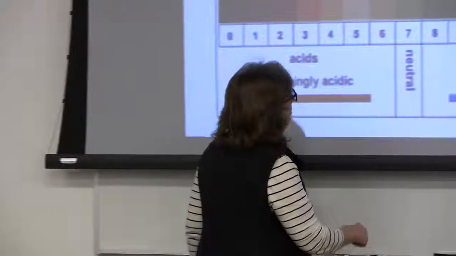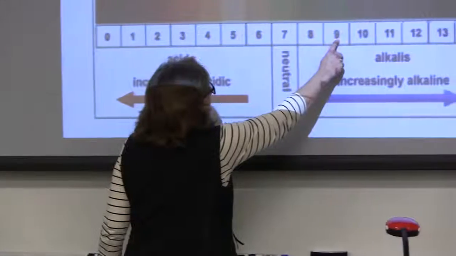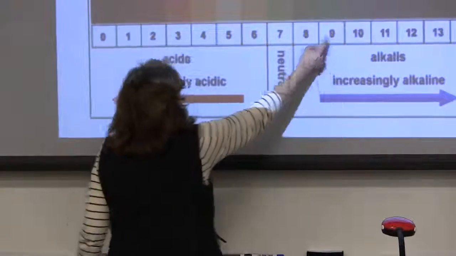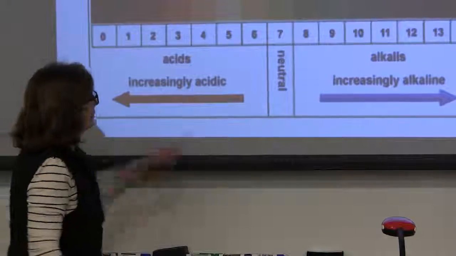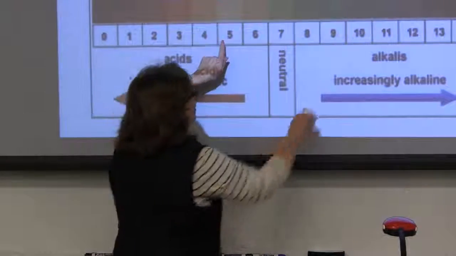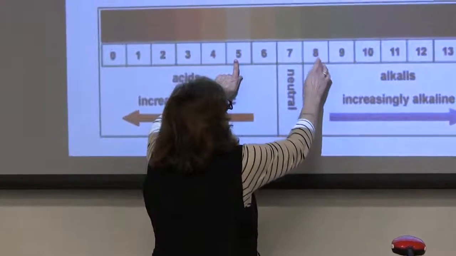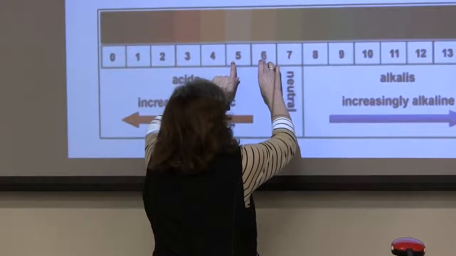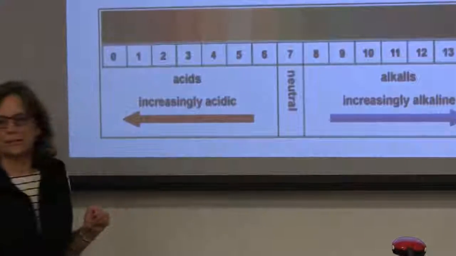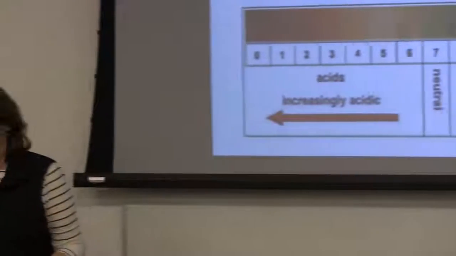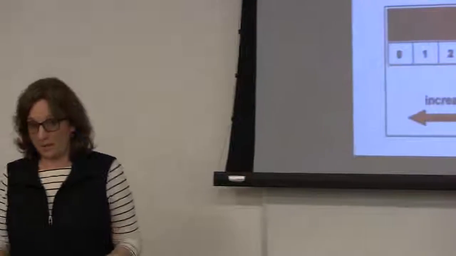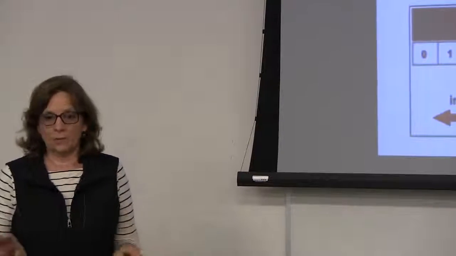So if we have a soil, say, that has a pH of 9, and we want to grow blueberries that prefer a pH of 5, we've got to go 10, 100, 1,000, 10,000 times difference. That's a big change. It's almost impossible to do.